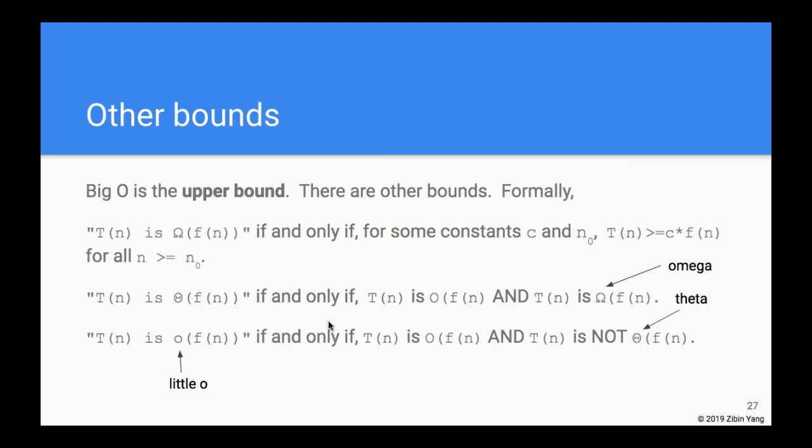So we said big O is the upper bound, and there are actually other bounds as well. These are the definitions for other bounds. So there is the omega, and here's the definition. I'm not going to read that. And then there's the theta, and then there is little o, in addition to big O. These are the formal definitions again, and if you like, you can read them more carefully.